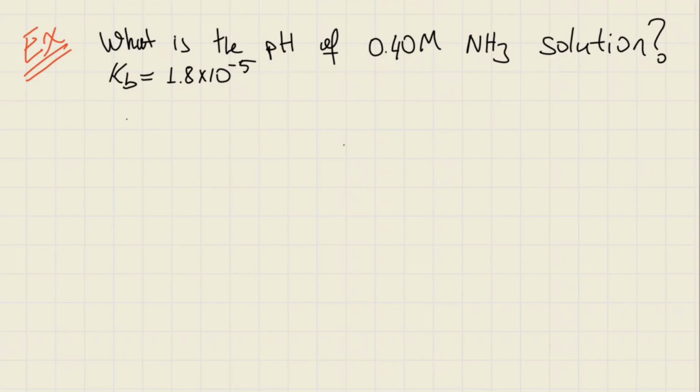So I want to make a last example, a little bit harder one. What is the pH of a 0.40 molar ammonia solution if the Kb value is 1.8 times 10 to the minus 5? So again, I want to create an ICE table.